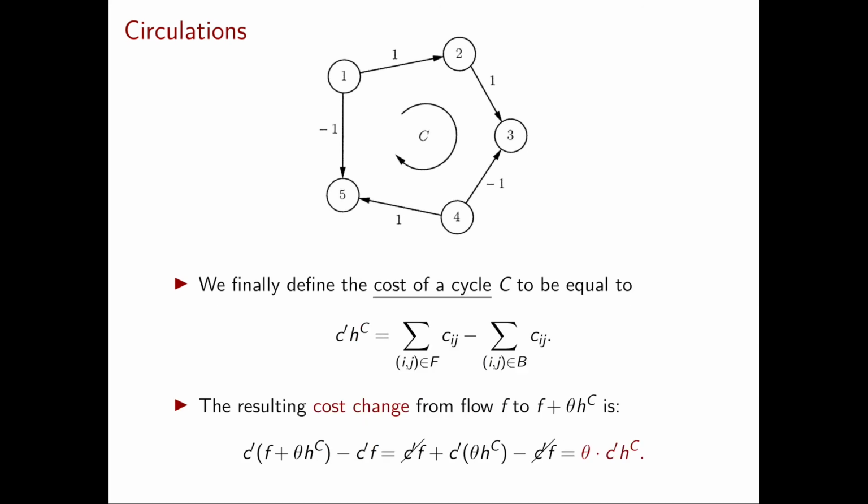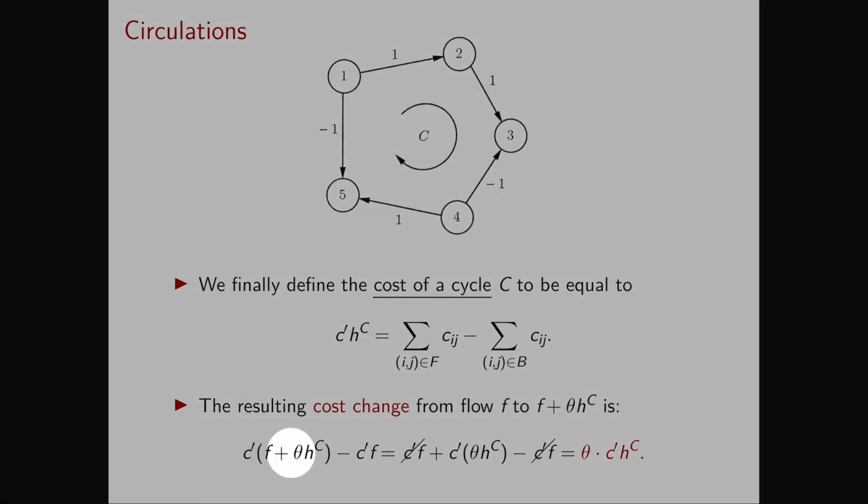The next question is what is the cost change from the old flow to the new flow? We can simply calculate this cost change. This is c transposed, the new flow, minus c transposed, the original flow f. Again, we expand and we will see that c transposed f simplifies and we're left with theta times c transposed hC.